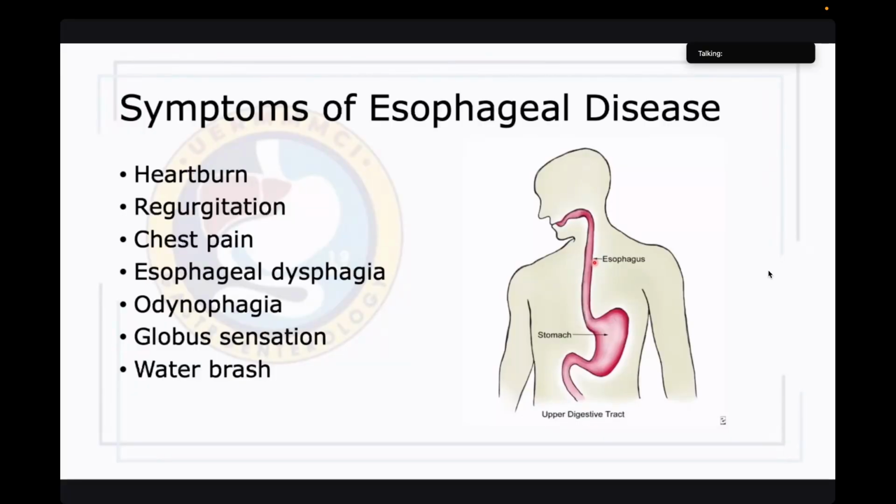Also, you have to differentiate it from oropharyngeal dysphagia, wherein the symptom is more of difficulty in initiating a swallow.